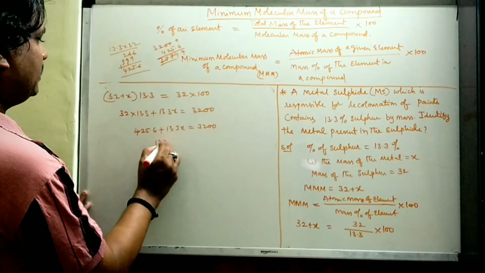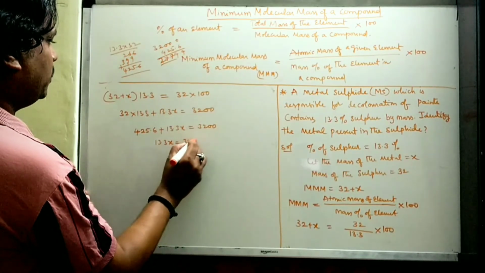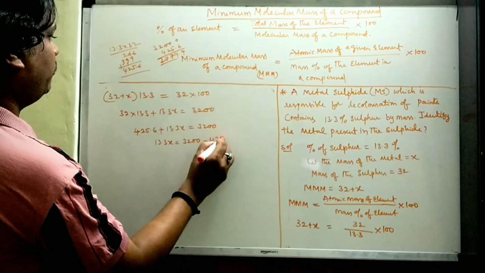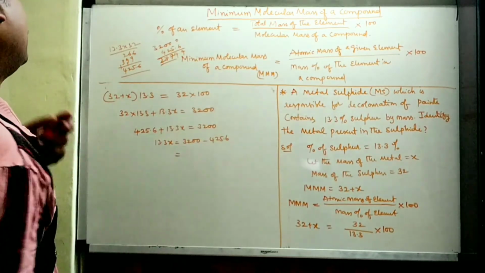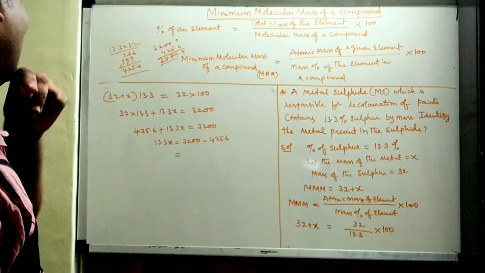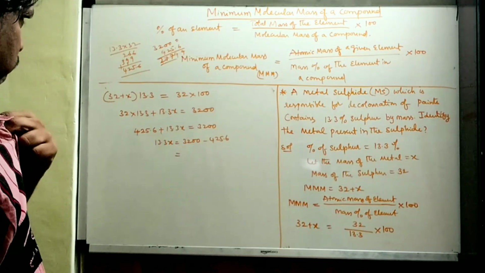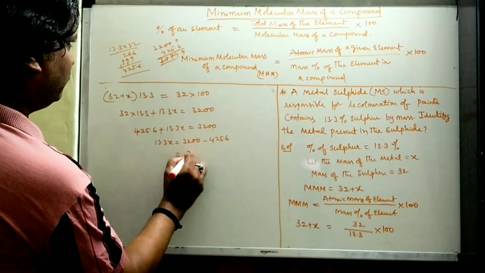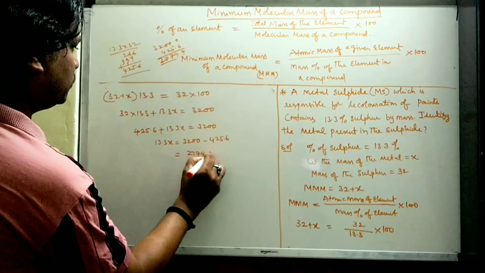So 13.3x is equal to 3200 minus 425.6, which is approximately 2774.40.